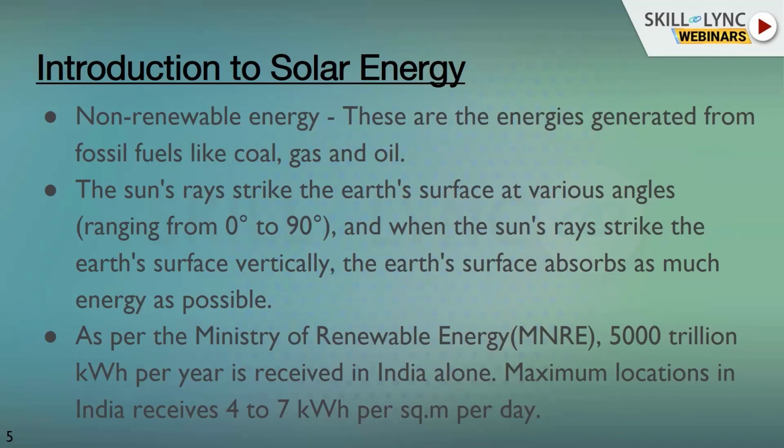Most locations in India receive 4 to 7 kilowatt hours per square meter. That means we can generate 4 to 7 units per square meter. A kilowatt hour is the energy generated, that is power generated, in 1 hour. This is calculated by recent MNRE studies.